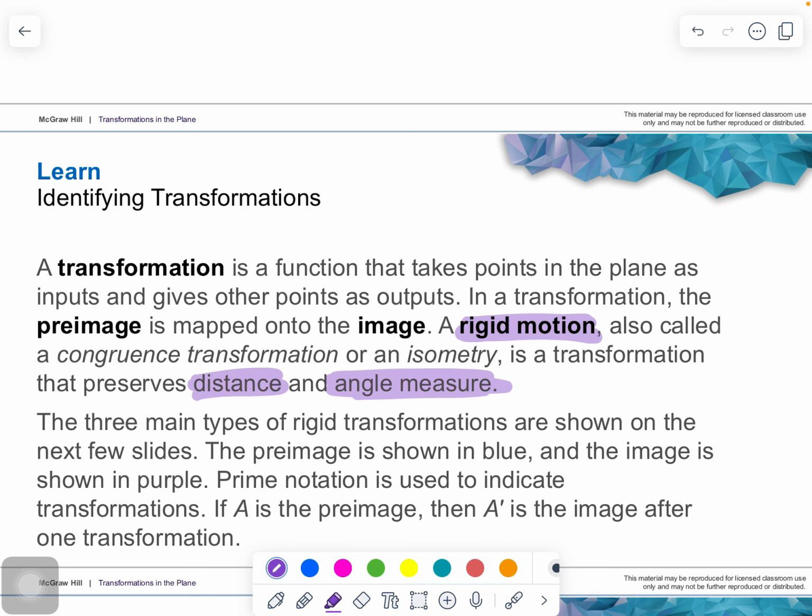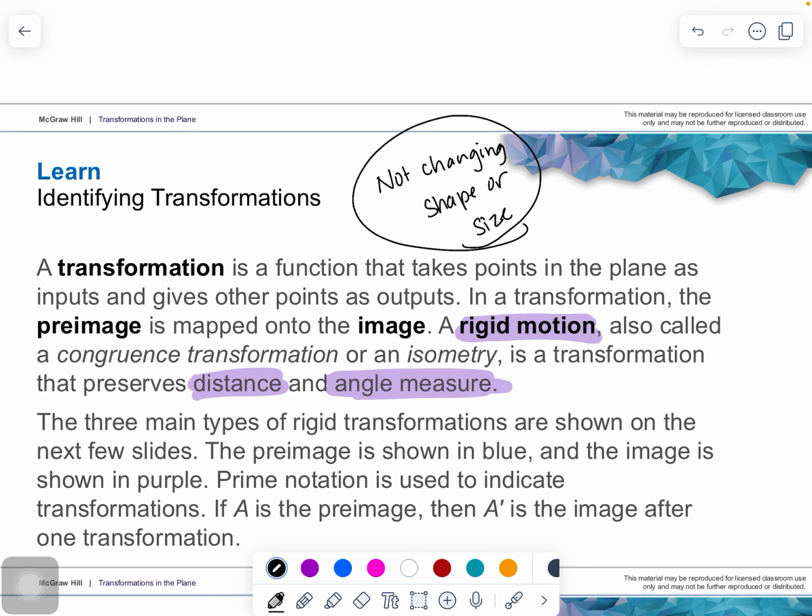So what I just said there, a rigid motion preserves distance and angle measure. It's not changing shape or size. That's what this means.